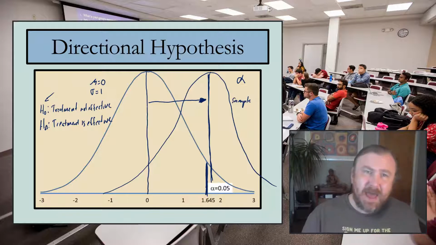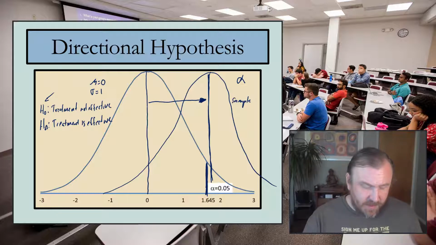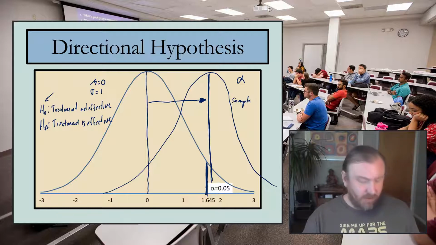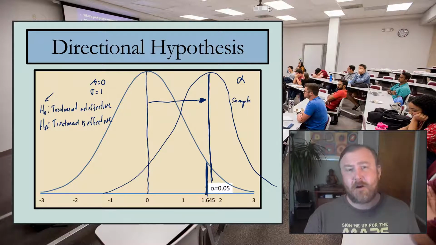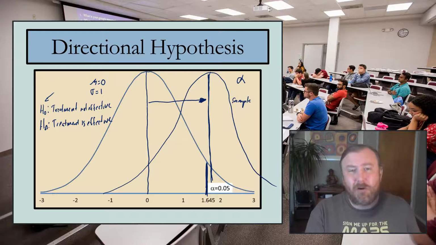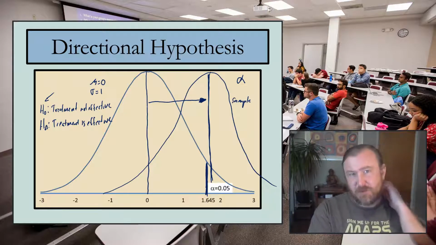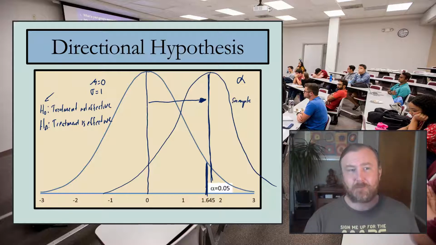Right? We would expect that if nothing was going on, if the treatment was not effective, our sample data would show that the well-being scores of our sample were practically equal to the scores of people who didn't get treatment.